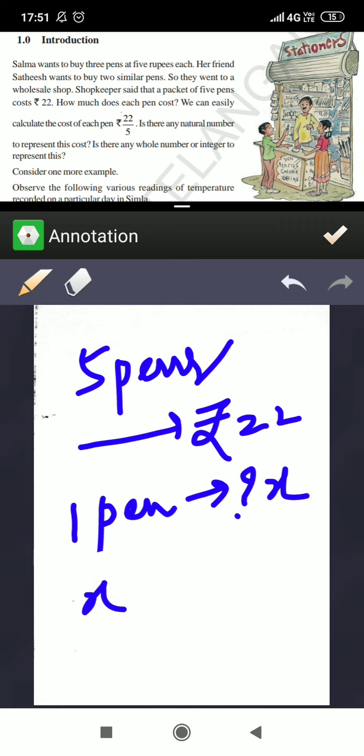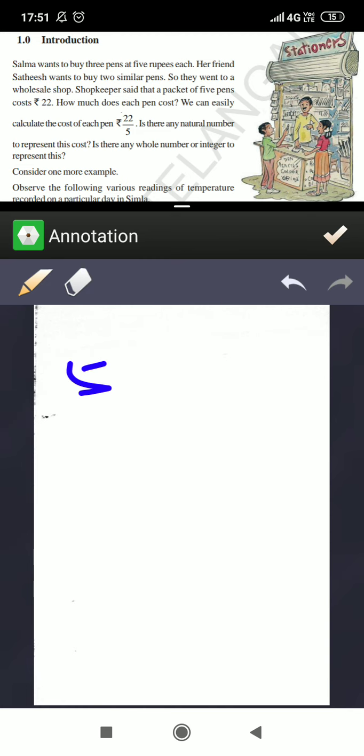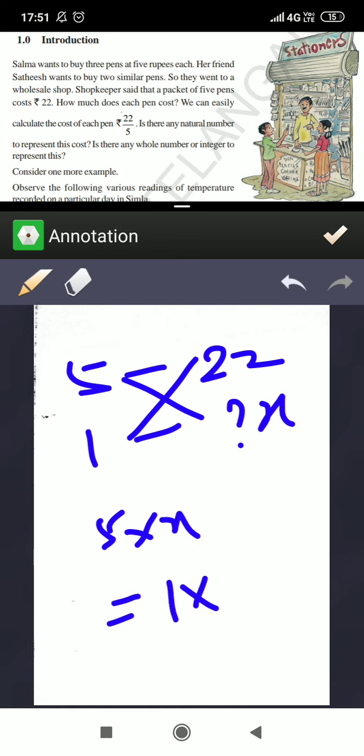Now these are in proportion. 5 pens cost 22, 1 pen costs how much? Cross multiply. 5 into x is equal to 1 into 22.